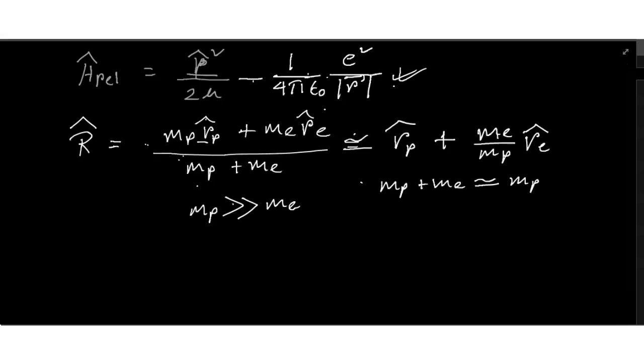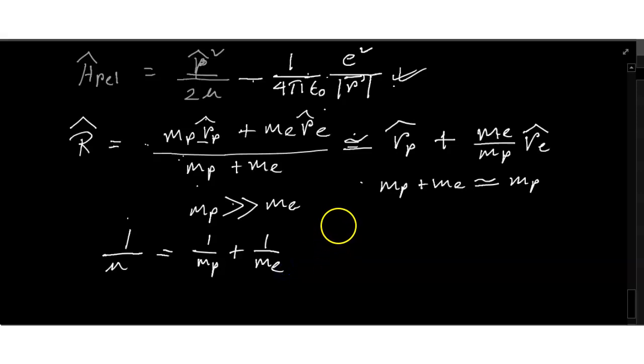Let's consider the reduced mass of the system. 1 by mu equals 1 by MP plus 1 by ME.